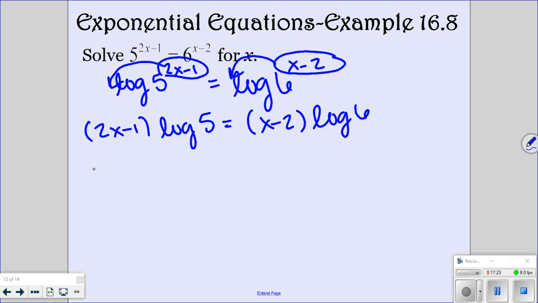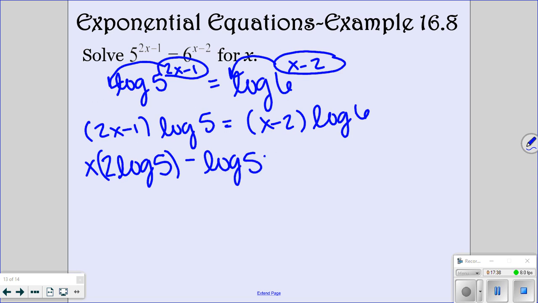So I like to put my x in front, and then we have 2 log 5 minus log 5, and then again x times log of 6 minus 2 log of 6.